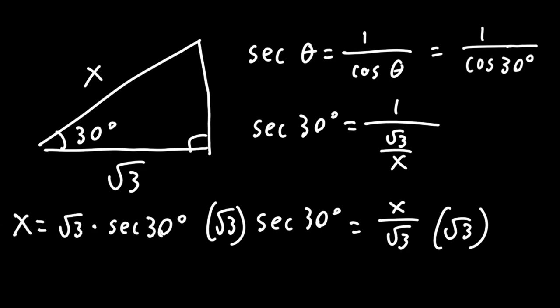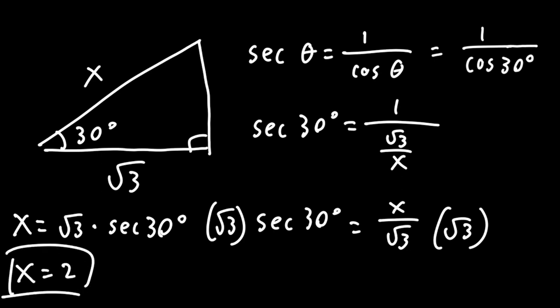Now to plug this into your calculator, do square root of 3 times 1 over cosine of 30 degrees. And you should end up with the same answer, x equals 2.